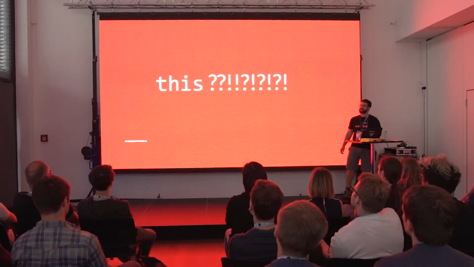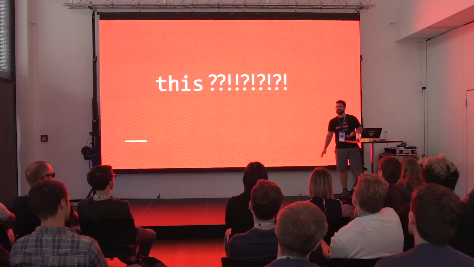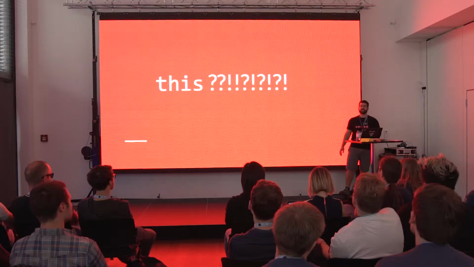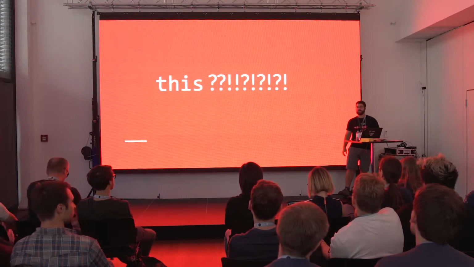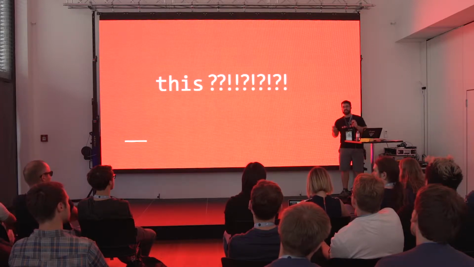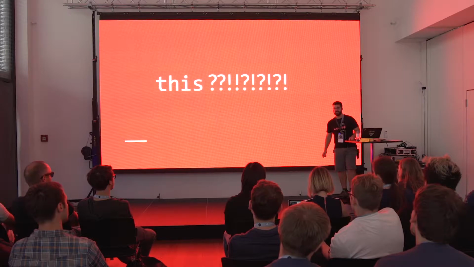TC39 used to use a wiki for development before transitioning to GitHub, and here's a screenshot of the old wiki page that talks about the bind operator. But there's something funny about the way this works. In the bind operator, you're always taking the thing that you're chaining as the thing that goes in this. But a lot of JavaScript developers find this somewhat confusing. There are a few different rules that you have to remember.